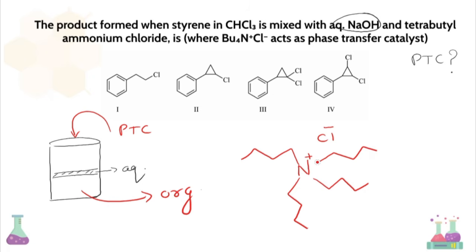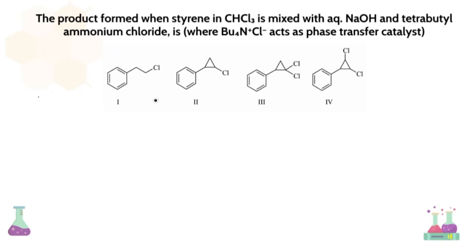Because of this, it transfers the hydroxide ion from the aqueous to the organic layer. The reaction will take place. Since it does not get involved in the reaction but enhances the rate of the reaction, we call this a catalyst.